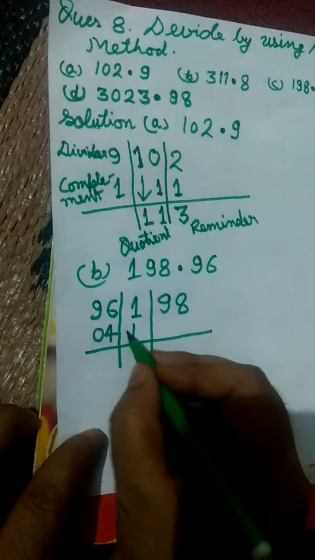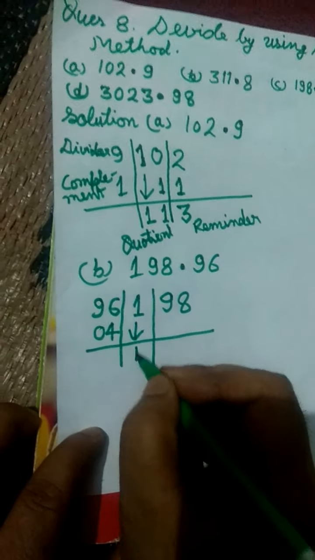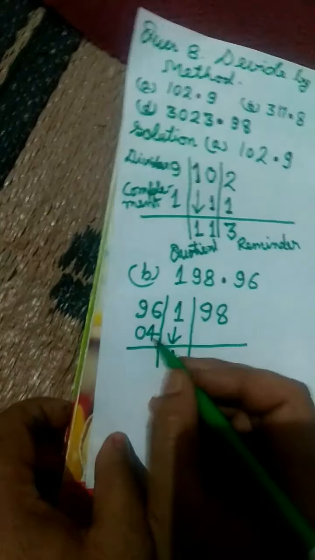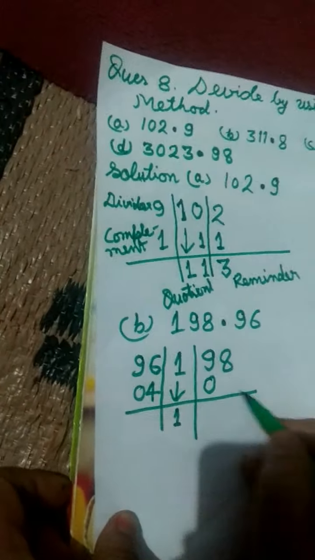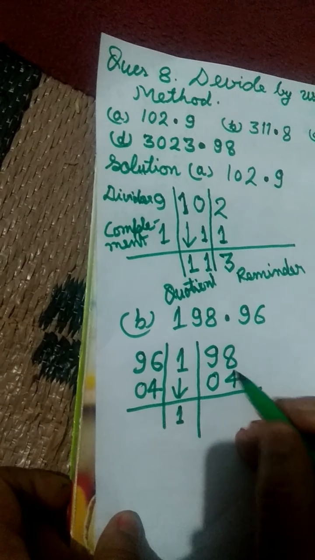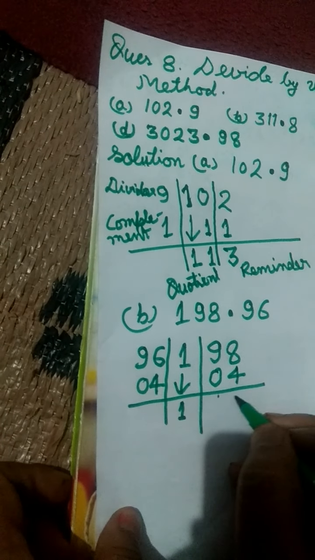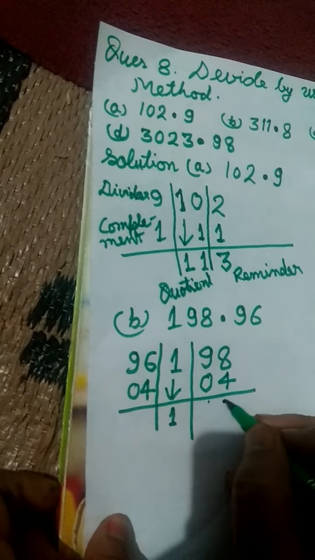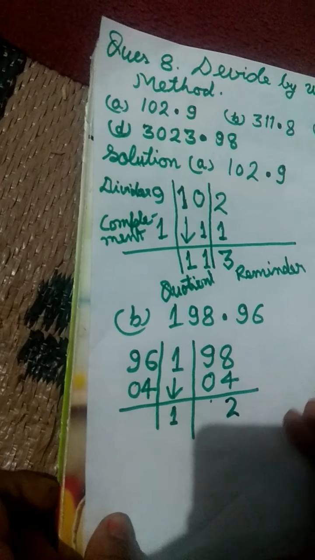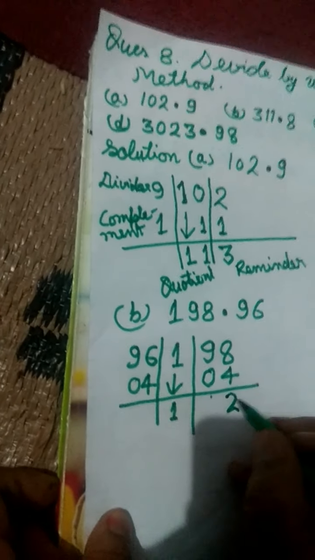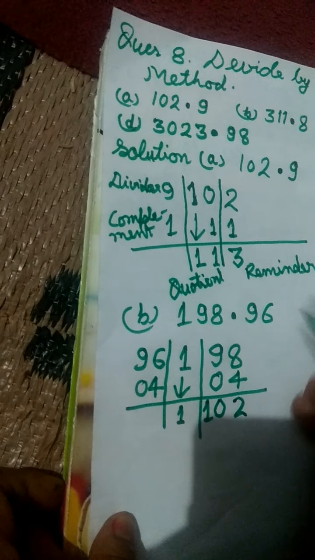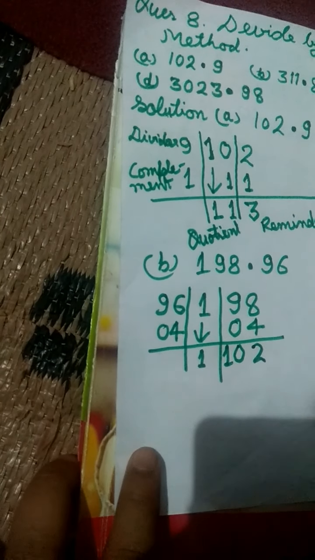First you put 1 below the line and multiply it with 04: 1 times 4 is 4, and then add 8 and 4 to get 12. 9 plus 1 equals 10, making 102, but it is a big remainder, so it is not complete.